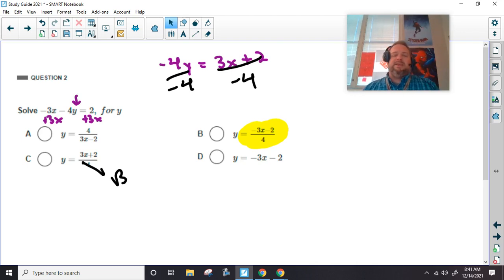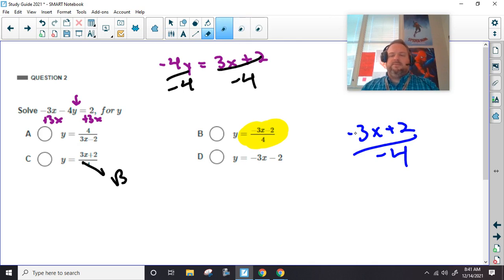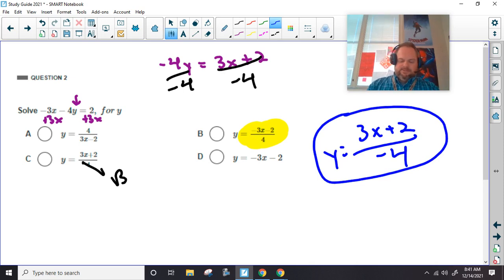It's supposed to be a negative. This is the actual answer. Let me write it out right here. I would prefer y'all to leave it like this, where the negative's on the bottom. What happened is that they actually divided all this by -1 and got that. This is actually what I want y'all to have.